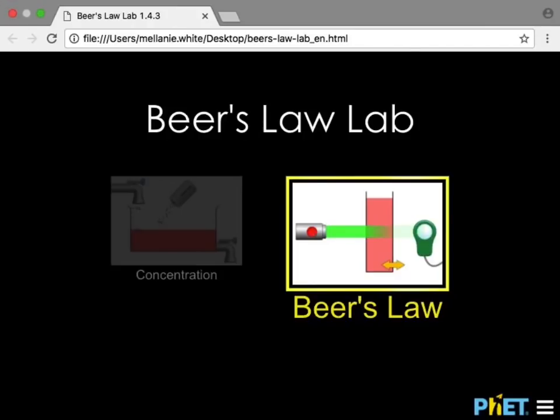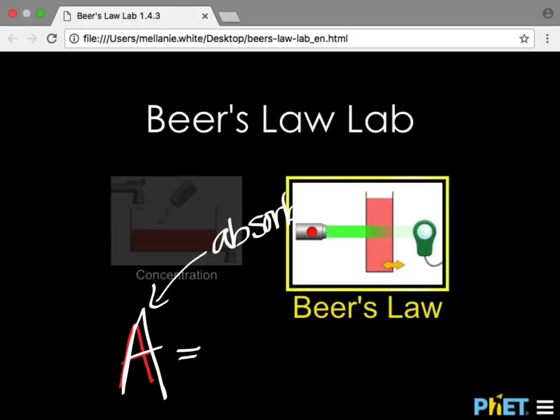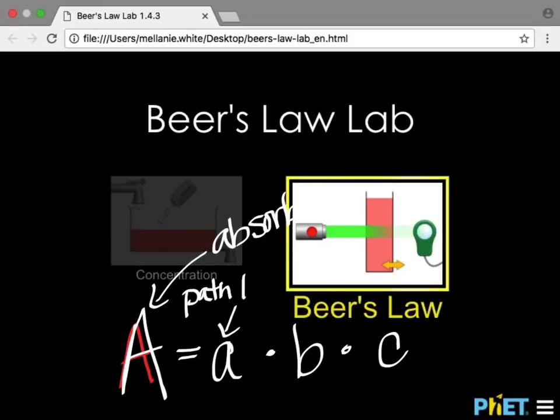So what Beer's law says is that you can find the absorbance of something. The absorbance of our solution, so A is absorbance, is equal to a times b times c, where little a is our path length.